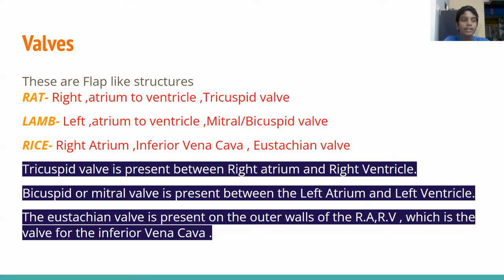The next one is the right atrium, inferior vena cava, eustachian valve. So it signifies that there is a eustachian valve present between the right atrium and the inferior vena cava. Inferior vena cava is one of the blood vessels.